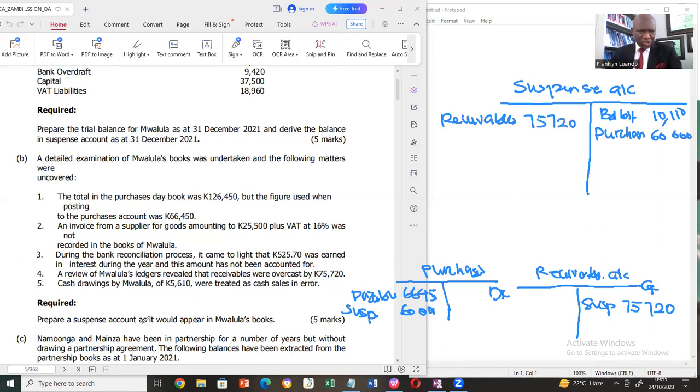And then cash drawings by Mwalula of 5,610 were treated as cash sales in error. So this one will affect.